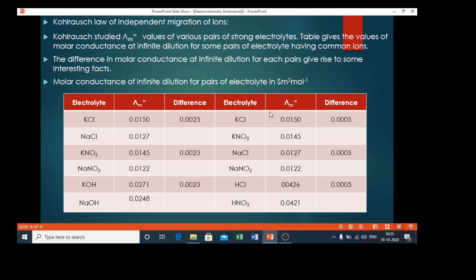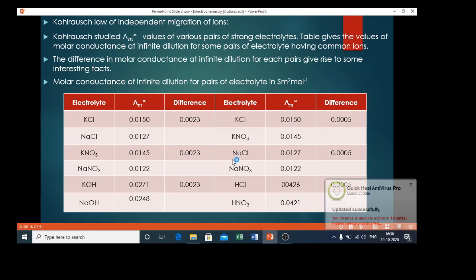In the second set, the cations are the same. Cations are common, but anions are different. The first pair is potassium chloride and potassium nitrate. Here K⁺ is common, anions are different.